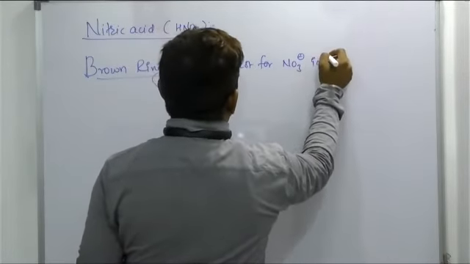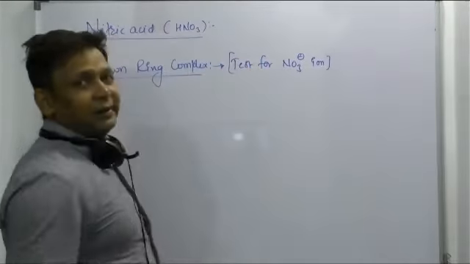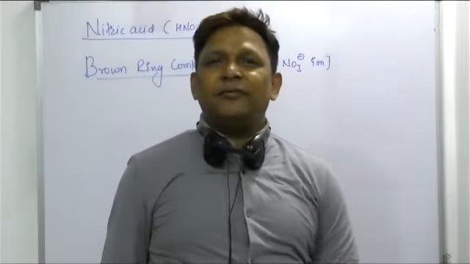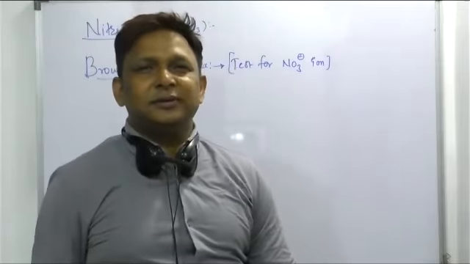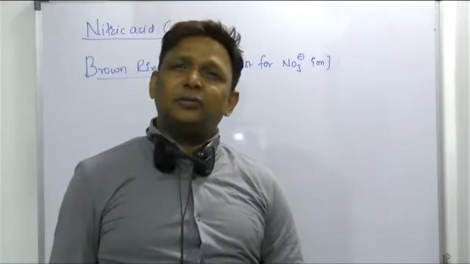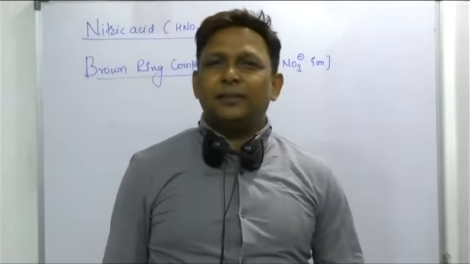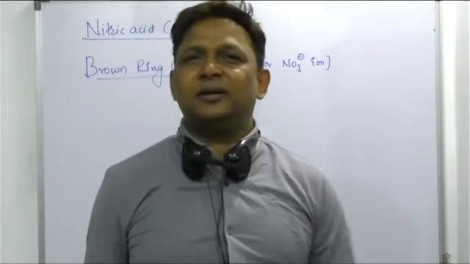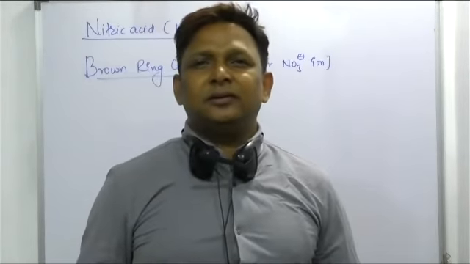If the compound has a nitrate ion, it shows the brown ring complex. It uses the ability of Fe plus 2 ions to reduce nitrate to nitric oxide. Right, beta? Fe plus 2 ion reduces the NO3 minus ion to NO.